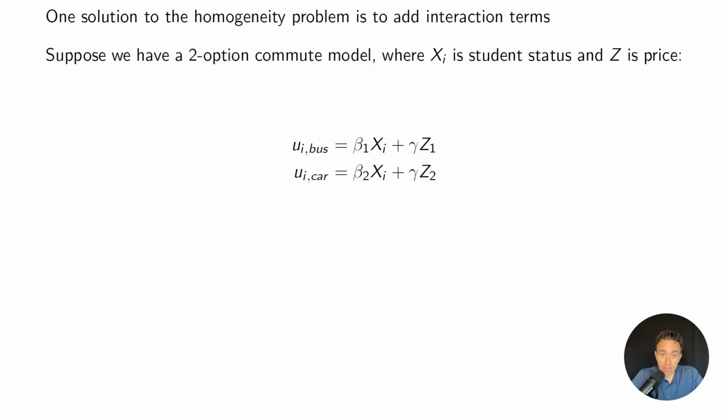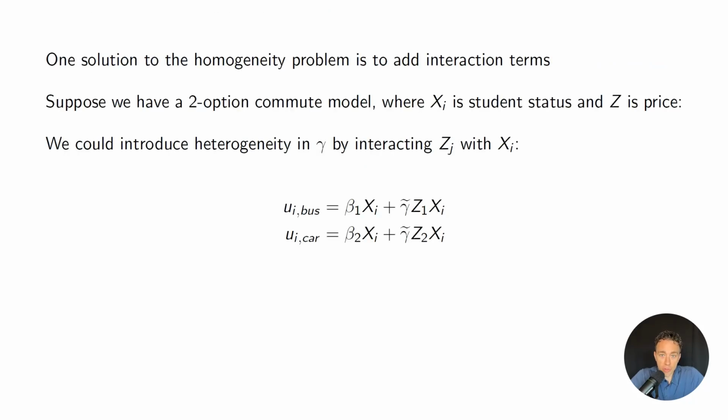One simple solution to this homogeneity problem is to add interaction terms into our model. So if we have a two-option commute model, where consumers can go by bus or by car, and let's say X is a dummy variable for if the person is a college student, and Z is the price, we can introduce preference heterogeneity on the price dimension by interacting Z with X. This new preference parameter, gamma tilde, would include the base price effect as well as a college-student-specific price effect.